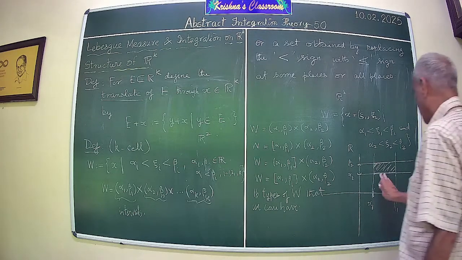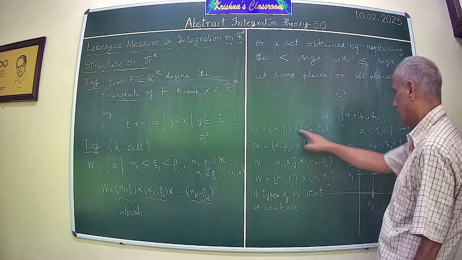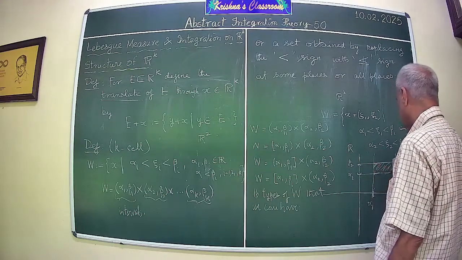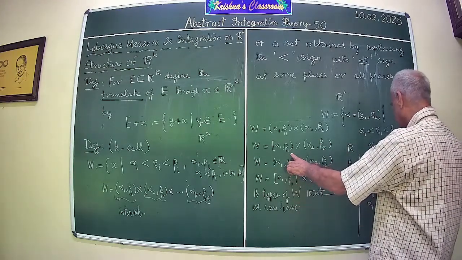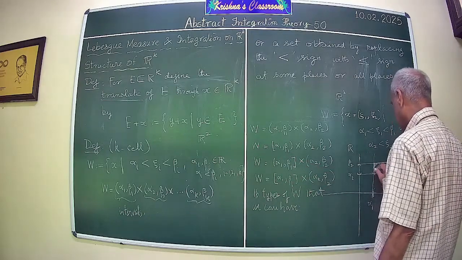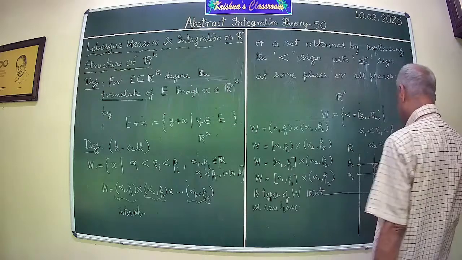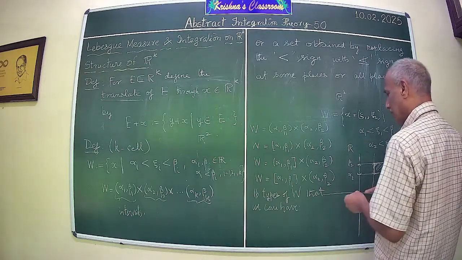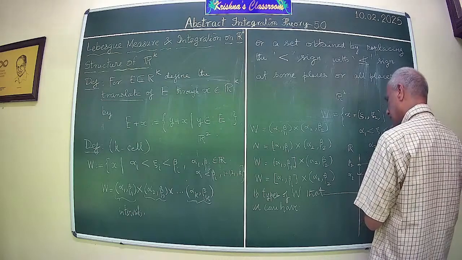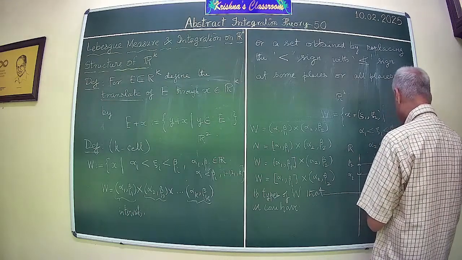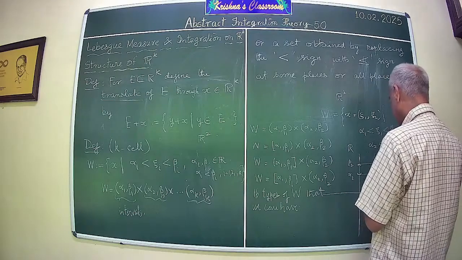What I mean to say is that in the first case it is going to be the interior of this. In the second case, this line is included, but not the end. Then in the third case, this line is included and the interior of this.